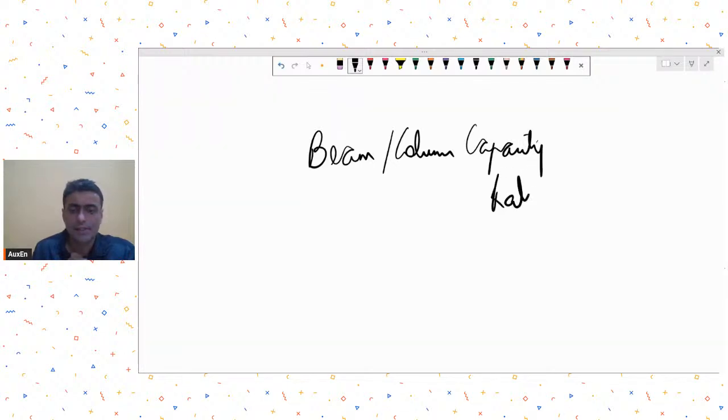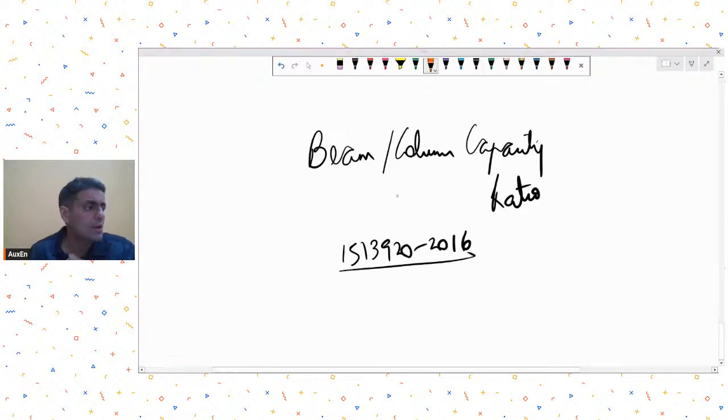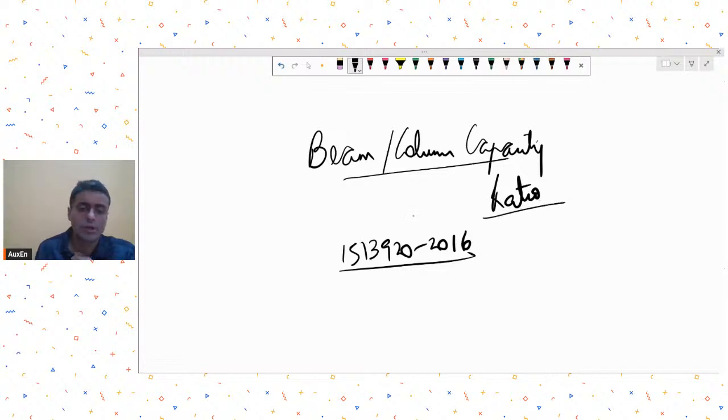It has to be taken, and it was introduced in the year 2016. Before that, your 13920 1993 version did not have this provision. They did not have this requirement.